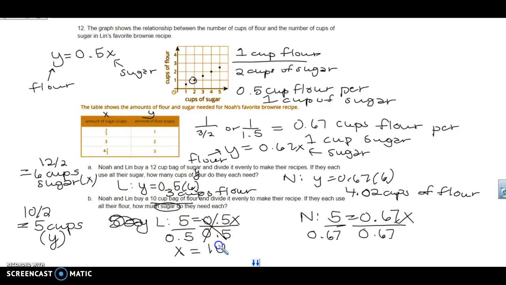And that's going to give you 10 cups of sugar. And then over here, I'll cancel out and leave you with x. And then 5 divided by 0.67 is 7.5 cups of sugar. So you can see that Lynn uses the most sugar in her recipes. And that is it.